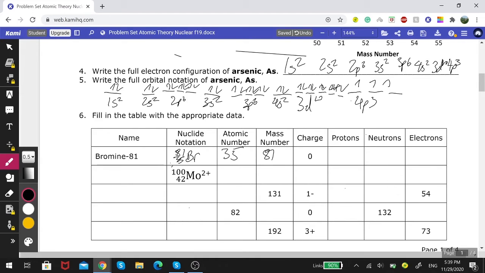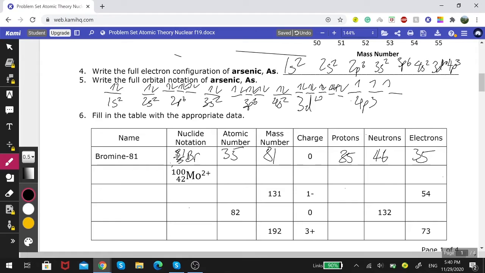Proton is the atomic number, and since it's neutral, protons equal electrons. Protons plus neutrons is equal to the mass, so neutrons is 46, since 81 minus 35 is 46.